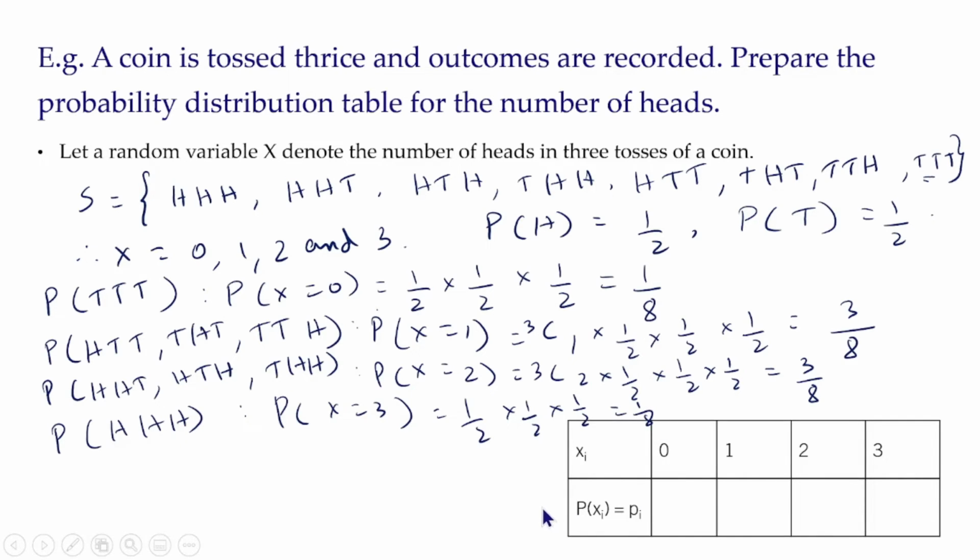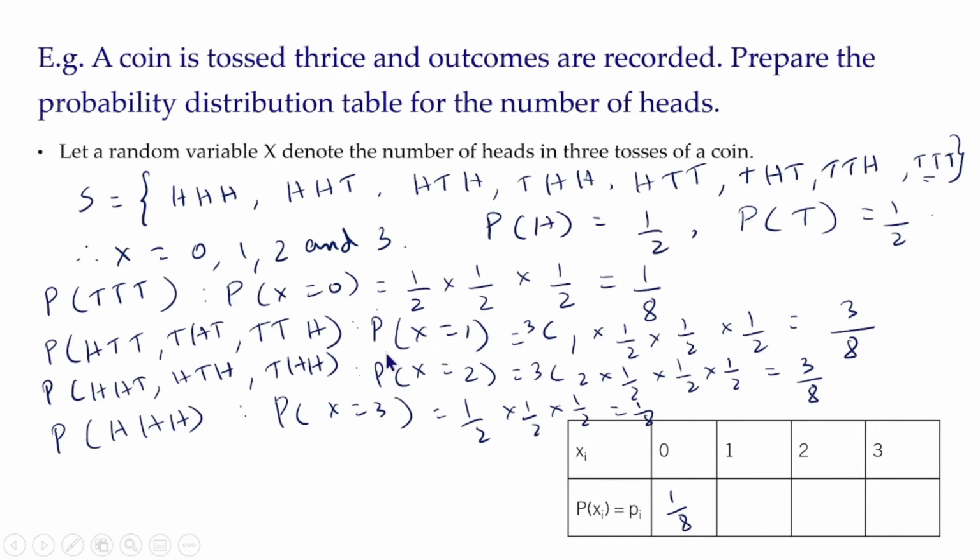Now let us write the probability distribution table after finding the probability of each outcome. P(x=0) we calculated as 1 by 8. So when x is equal to 0, P(x) is 1 by 8.